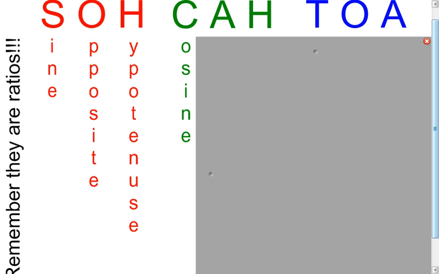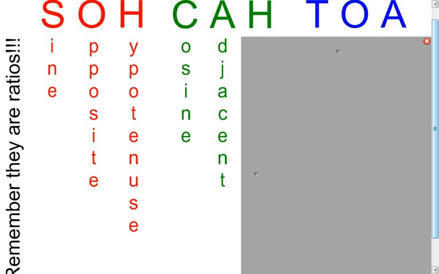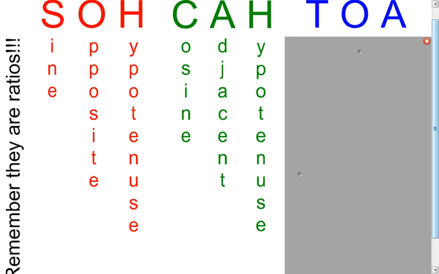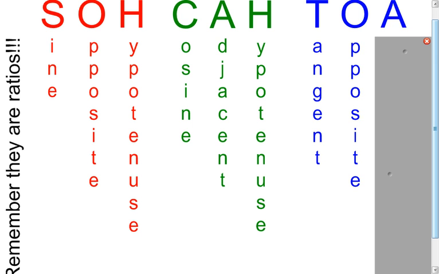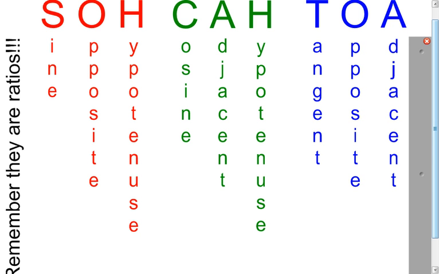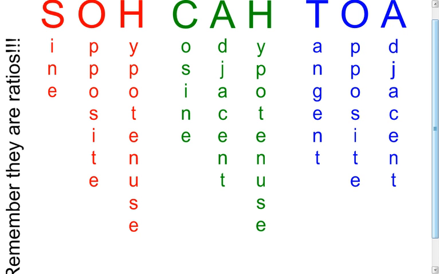The C stands for cosine, and cosine is the ratio of the adjacent side length over the hypotenuse. And then our last one is tangent, and that's the ratio of the opposite side over the adjacent side. So keep that SOHCAHTOA in your head, put it in your notes, keep it handy, it's going to be helpful for you.